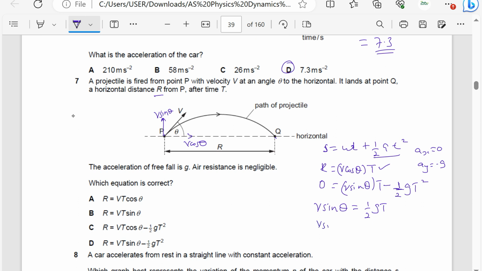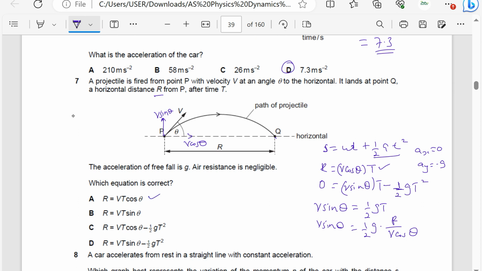So V sine theta is equal to a half times g times, where there is t, I'm putting r divided by V cos theta.